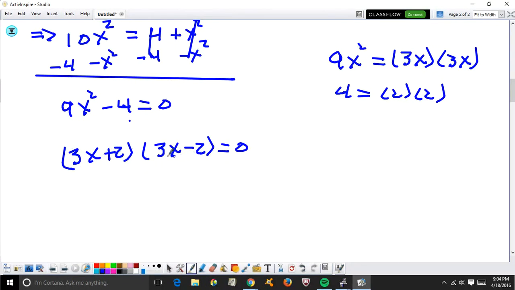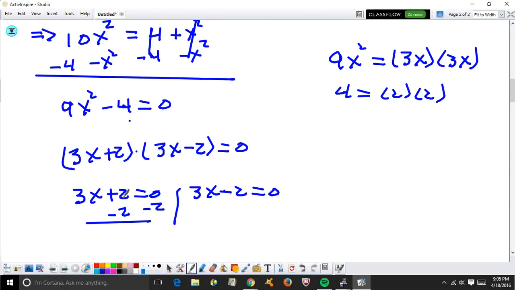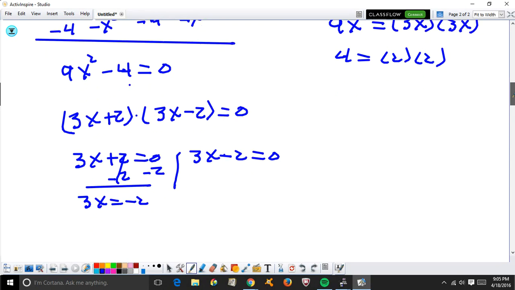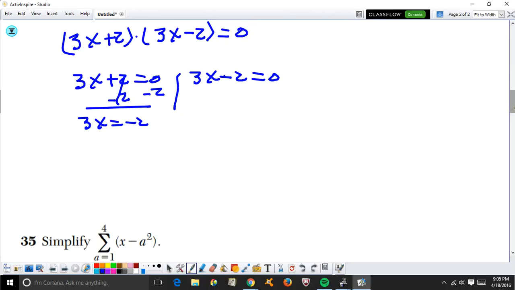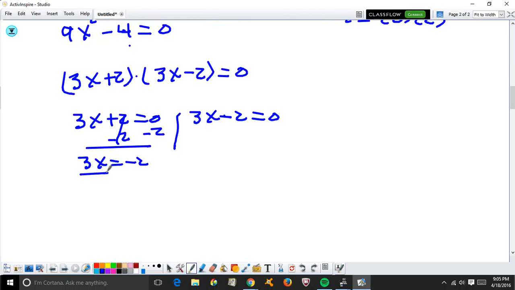Whenever you have two expressions multiplied that are equal to 0, you set each expression equal to 0. So now we have 3x plus 2 equal to 0, and 3x minus 2 equal to 0. We solve each equation individually. Minus 2 here, so we have 3x equals negative 2. Divided by 3, divided by 3, so one of our solutions is negative 2/3.